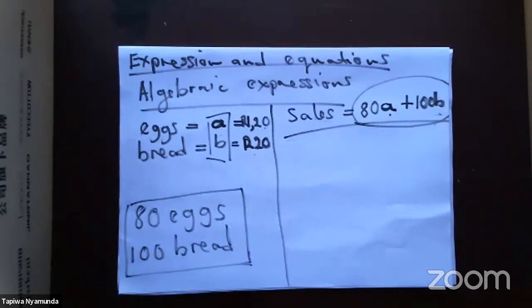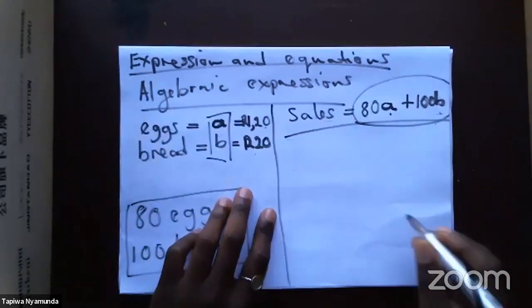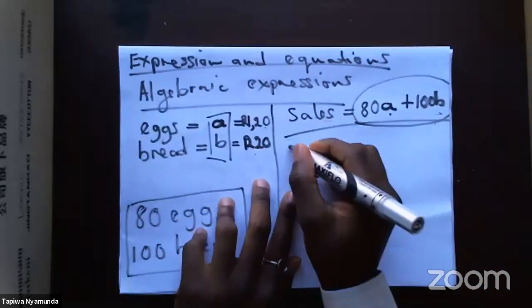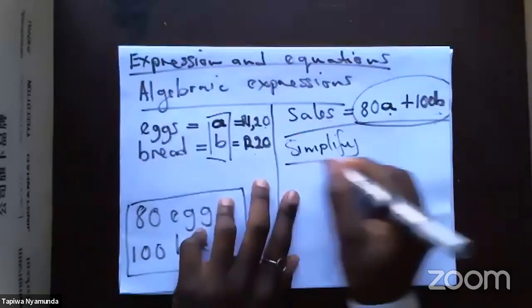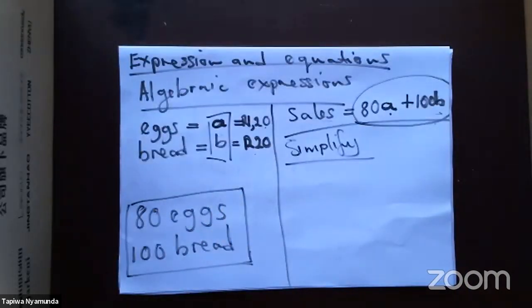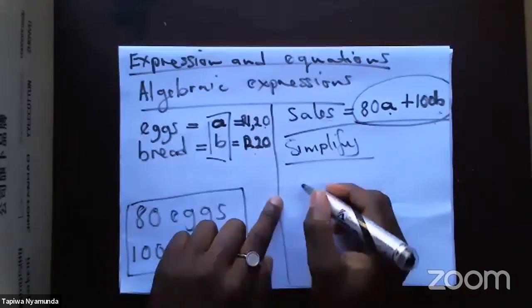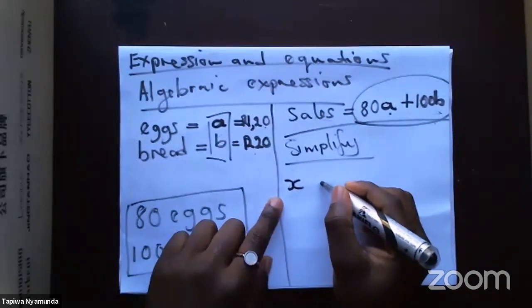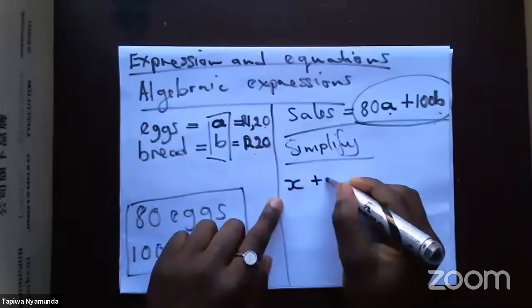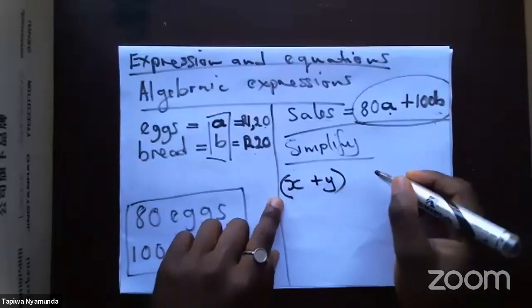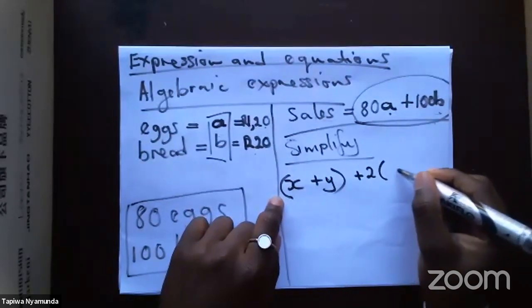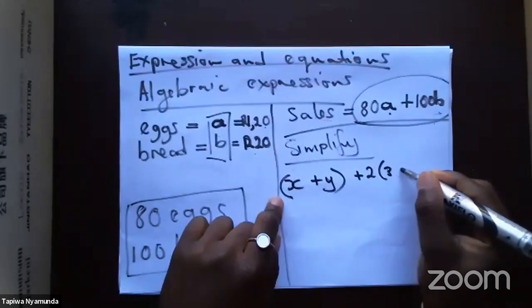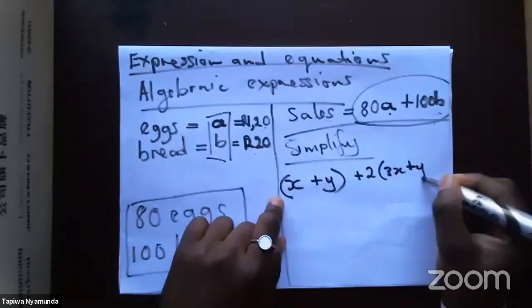Let's say you are asked to simplify the following: x plus y plus 2 times the bracket 3x plus y.